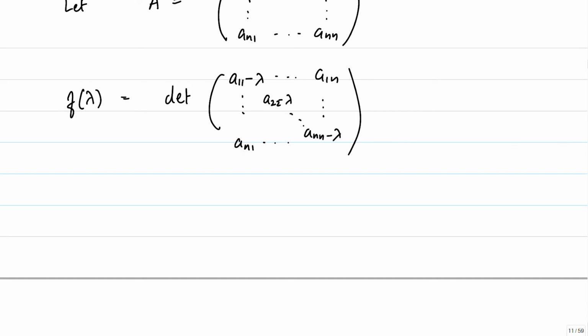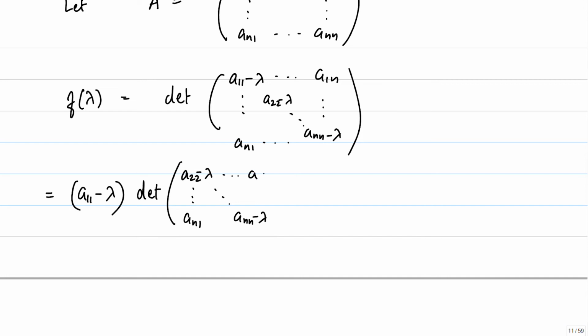What will the cofactor expansion be? It will be (a11 minus lambda) times the determinant of the matrix with a22 minus lambda, an2, up to ann minus lambda, a2n. Right, that will be the first term.